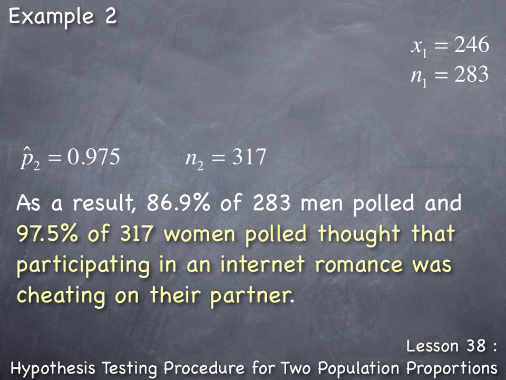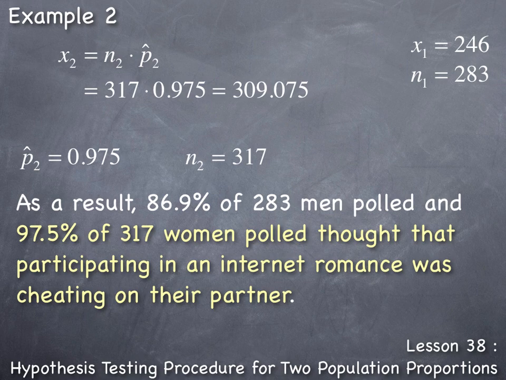Again, the input in the TI-84 calculator for this example needs to be the data value x2 and the sample size n2. So we can solve for the data value x2 by multiplying the sample size and the sample proportion. In this case, n2 times p2 hat equals 317 times 0.975, which equals 309.075.